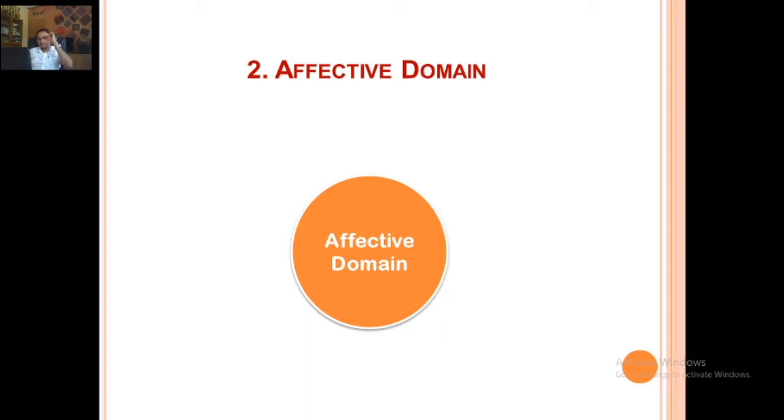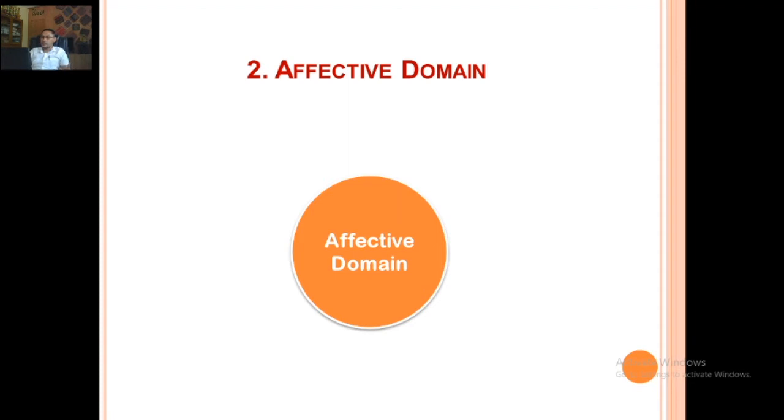Affective domain. For the affective domain, Bloom compiled these subcategories of the affective domain with David Krathwohl. The affective domain emphasizes feelings and emotion such as interest, attitude, appreciation, and adaptation.